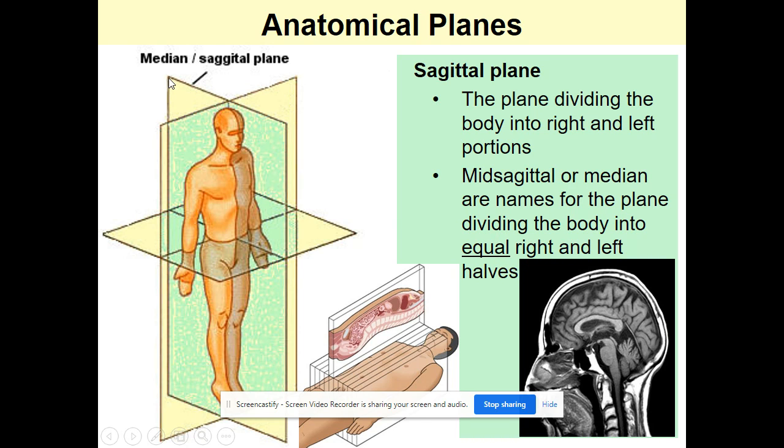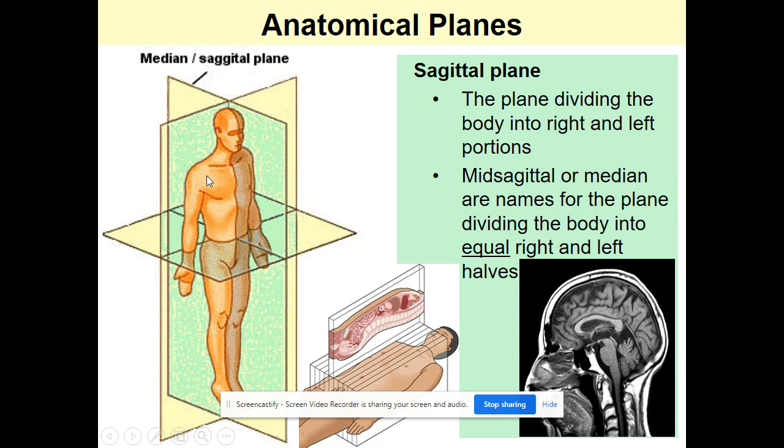You can see the median sagittal plane here is dividing this person in half equally. But often what we say is a parasagittal plane. It's the same plane, but if you move this whole plane over and we're going to look at the shoulder, it's still going to divide right and left, but we call it parasagittal because it's not directly in the middle.